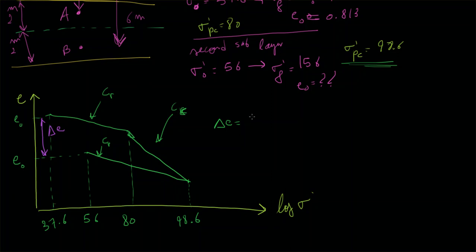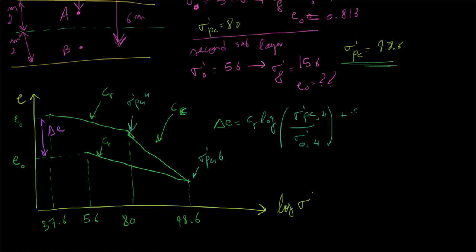That's going to be equal to CR log sigma dash BC over sigma dash naught at 4 meters. This is at 4 meters. Plus, from sigma dash BC at 4 meters to sigma dash BC at 6 meters, this is sigma dash BC at 4, sigma dash BC at 6.